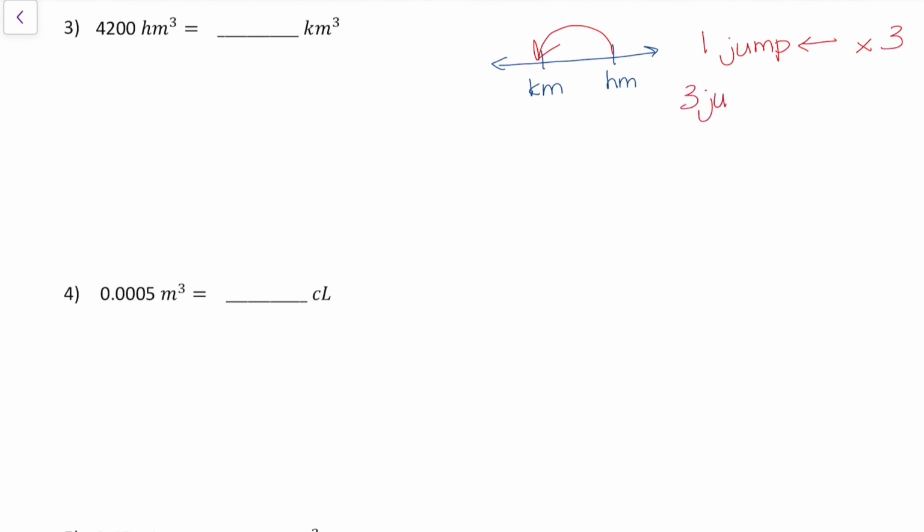So I'm going to do 3 jumps to the left. 1, 2, 3, and I get 4.2 kilometers cubed.